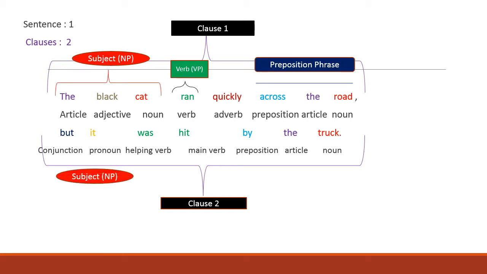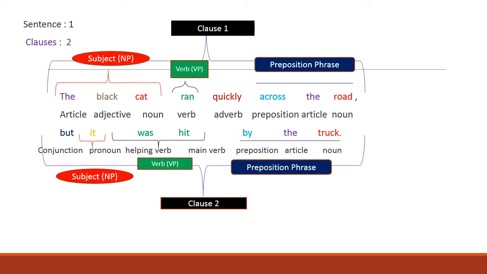Here we have the subject, it, which is again a noun phrase. Though it's a pronoun, it's also part of the noun phrase. And then we have a verb phrase, was hit, which consists of two verbs, a helping verb was and a main verb, hit. Then we have a prepositional phrase consisting of by the truck.